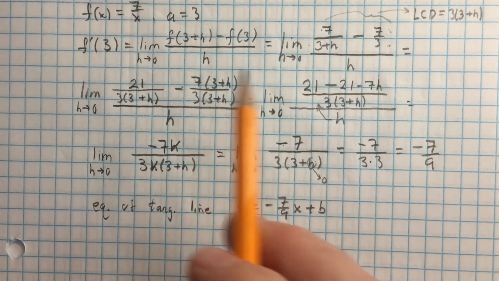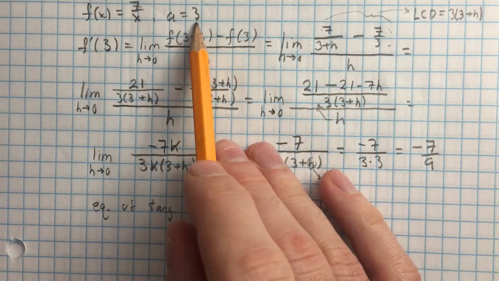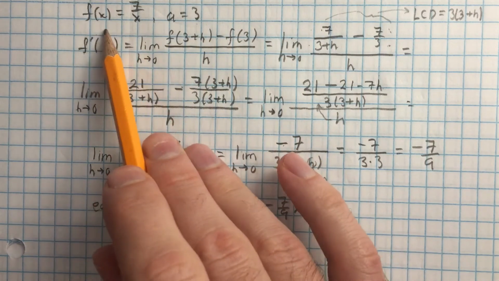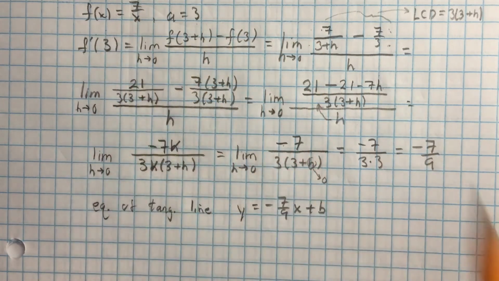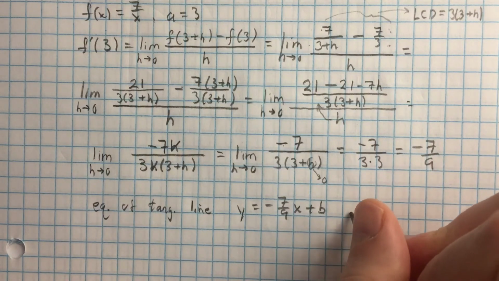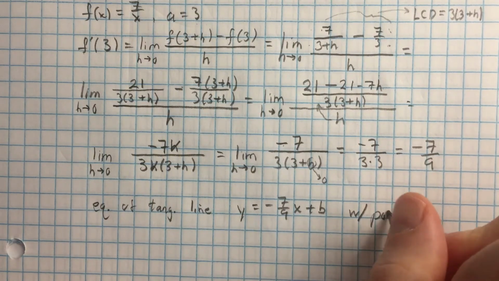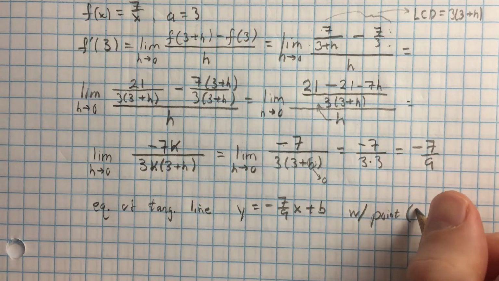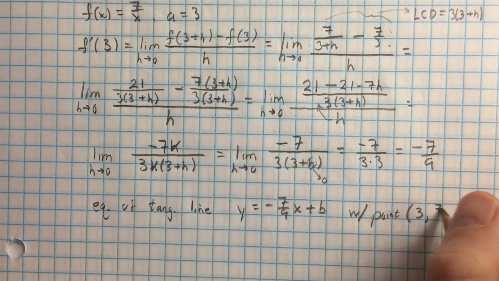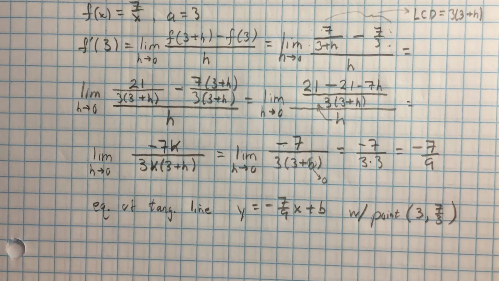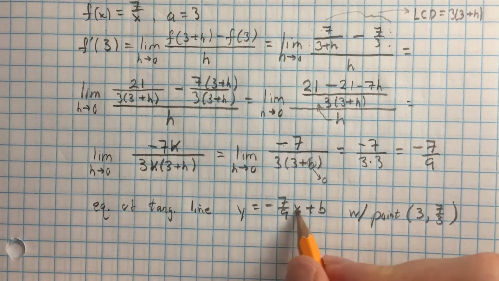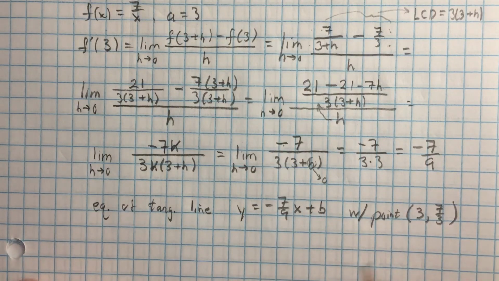And that would be at a equals 3, f of a will then equal 7/3. So this has a certain point that we're aware of. That is 3, 7/3.